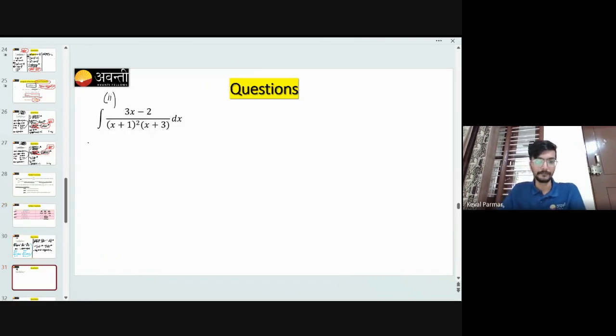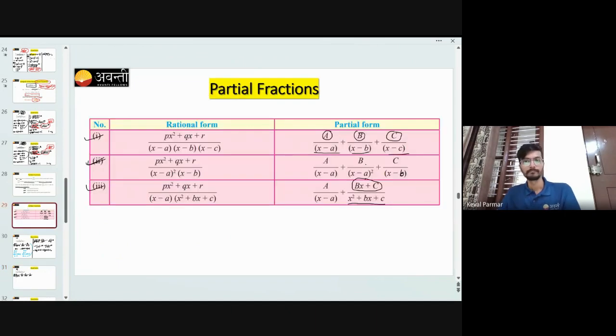So I can write 3x minus 2 upon x plus 1, the whole square, into x plus 3 as A upon x plus 1 plus B upon x plus 1 the whole square plus C upon x plus 3. If you remember this form, got it?